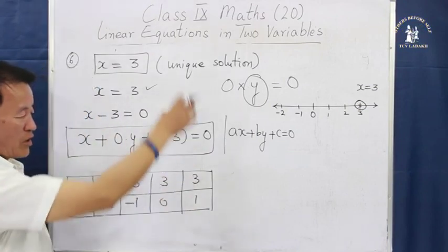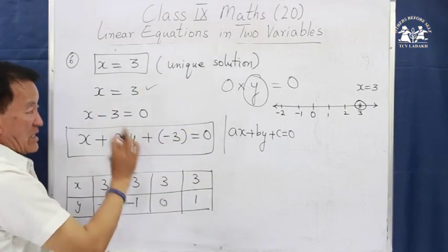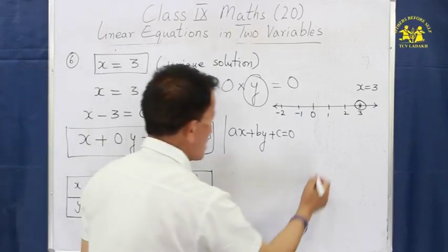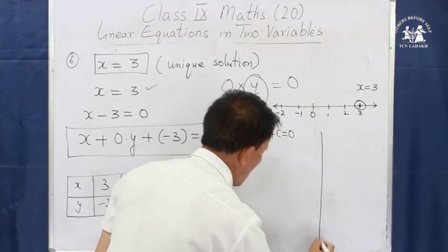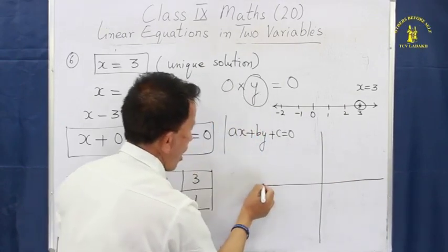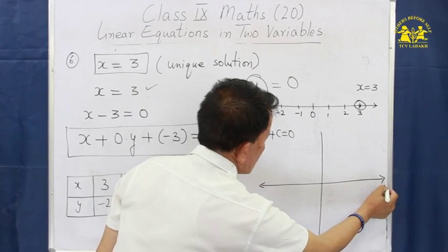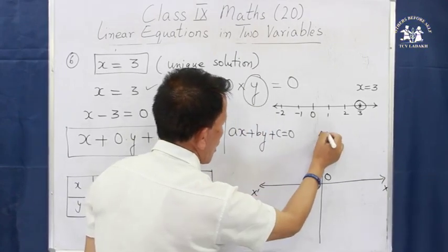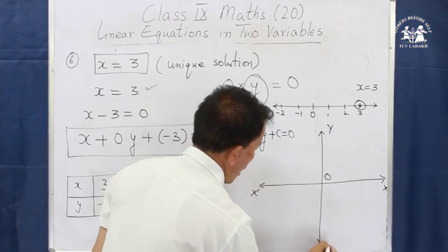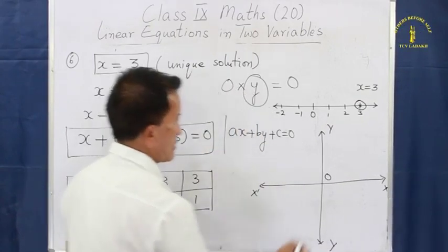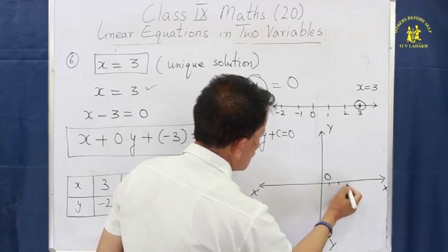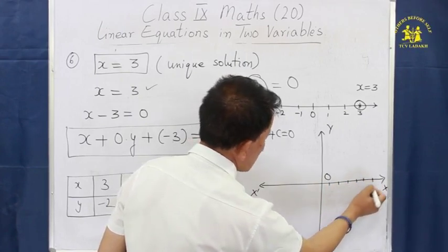But if we represent it as a linear equation in two variables, let's represent it in the graph. We have x-axis, y-axis. Let's see. 1, 2, 3, 4, 5, 6.